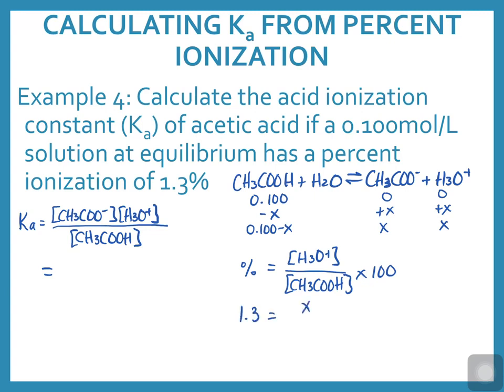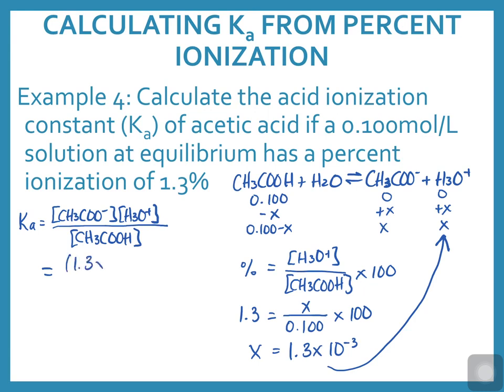I don't know hydronium ion concentration, but I do know that my initial concentration for acetic acid was 0.100. So if I take 1.3 and multiply it by 0.1, divide by 100, x equals 1.3 times 10 to the negative 3. So that means that my hydronium ion concentration and my acetate ion concentration are both 1.3 times 10 to the negative 3.